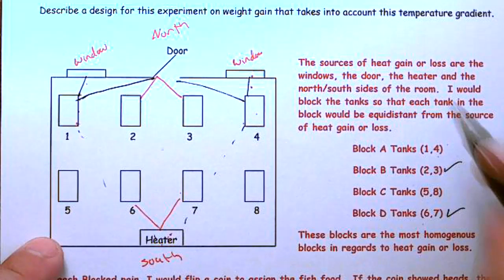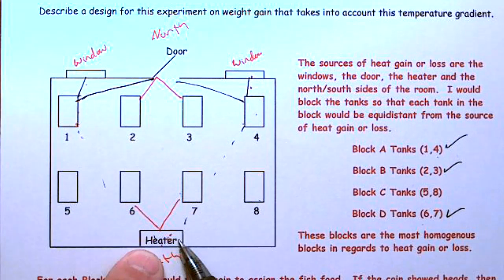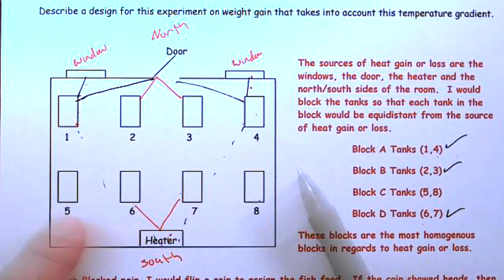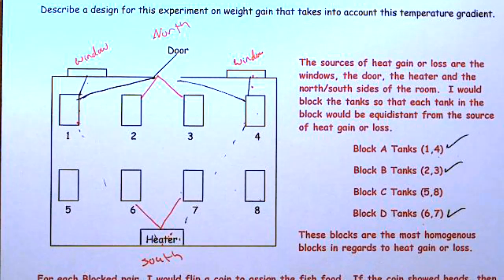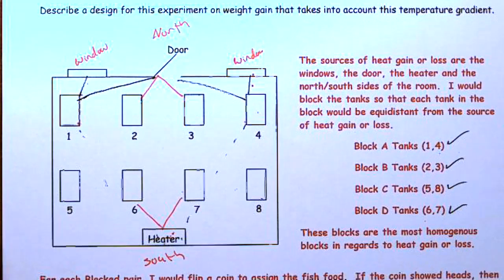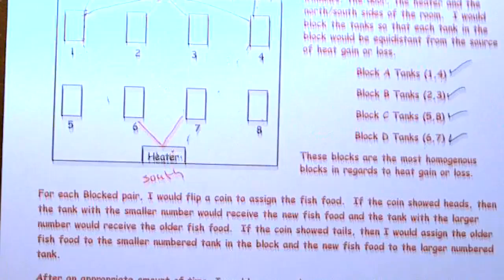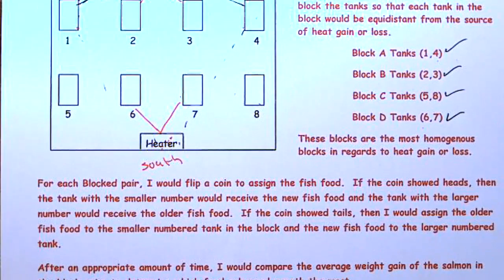So 1 and 4, that looks pretty good. And then 5 and 8 are about the same distance to the heater as each other. They're also about the same distance from the window, and they're also about the same distance from the door. So that's the way I would block them together. All right. So these blocks are most similar in regards to heat gain or loss.